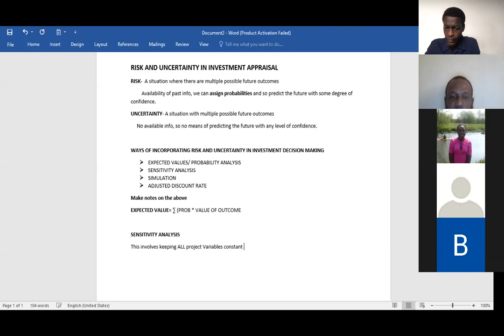So it involves varying one project variable whilst keeping all others constant.